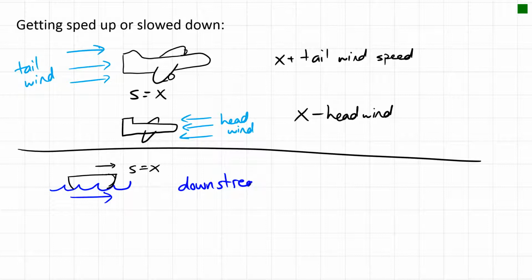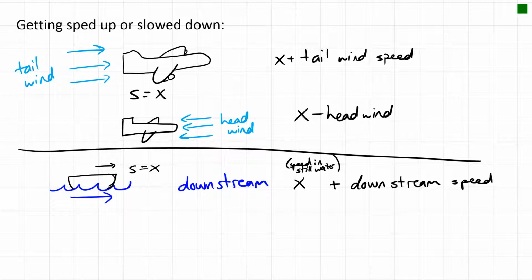And again, you get sped up. So you go x, whatever speed you would have in still water. So this would be x speed in still water, like on a lake. You'd get boosted by the downstream speed, the speed of the water downstream.